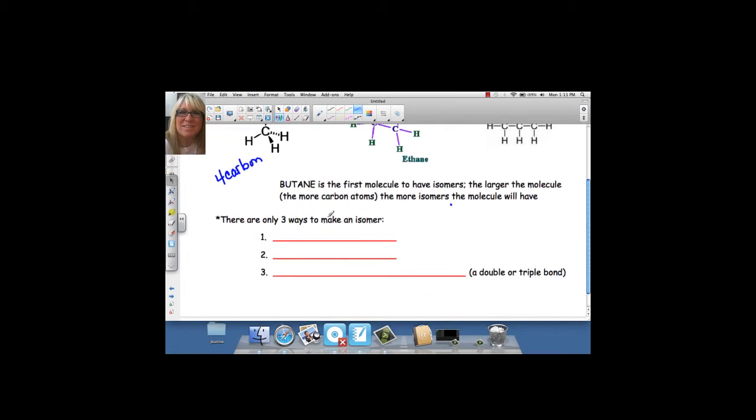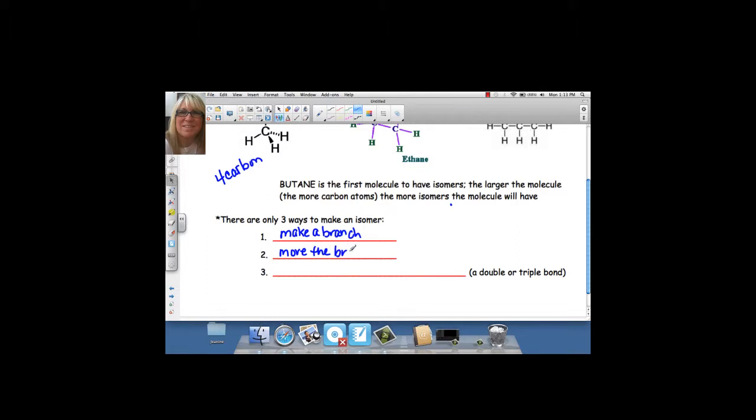The first way is you have to make a branch. The branch is something coming off the parent chain. Then you have to move the branch.